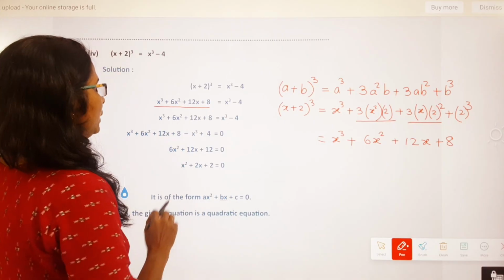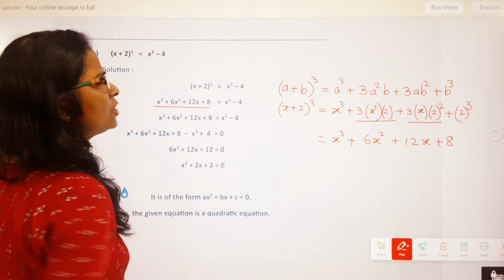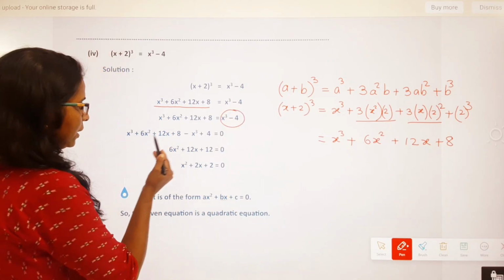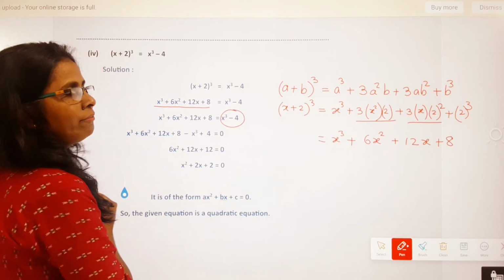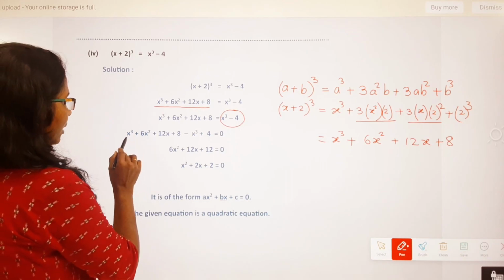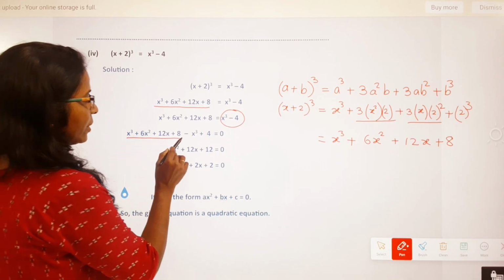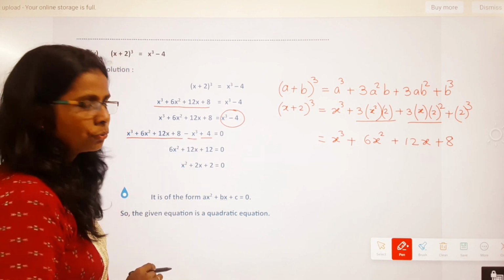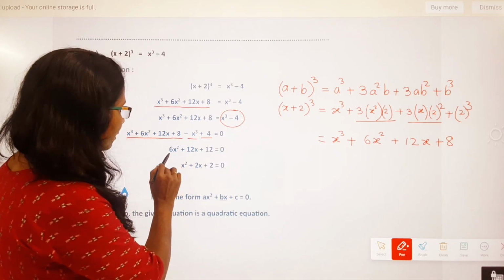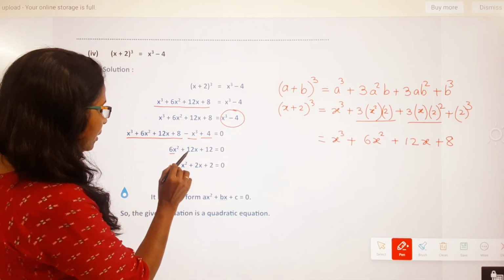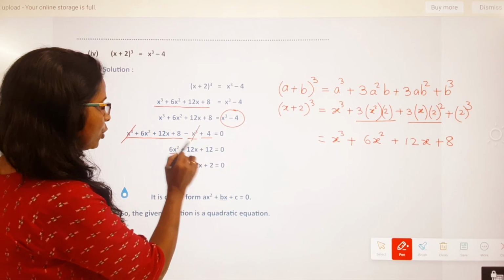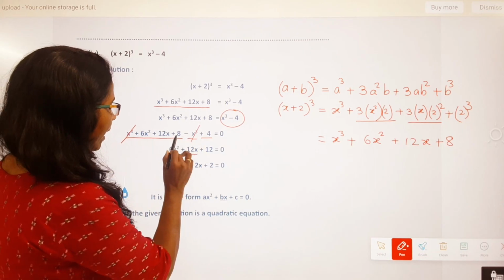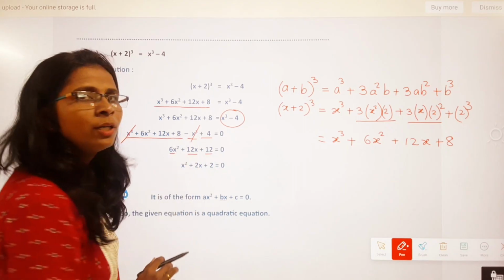Now take the RHS to the left hand side. Then x cube plus 6x square plus 12x plus 8 minus x cube plus 4 is equal to 0. Here x cube minus x cube is 0, 6x square, then plus 12x, 8 plus 4 is 12, which is equal to 0.